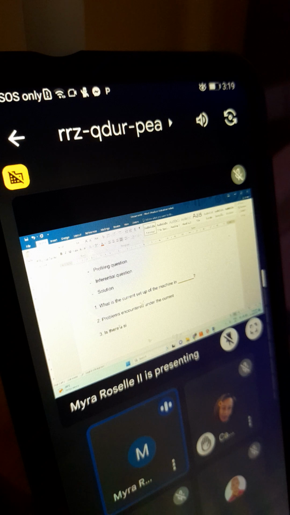Is there a significant relationship between the profile of the respondent? This is true for BSBA.